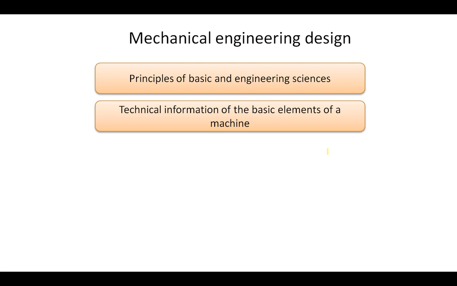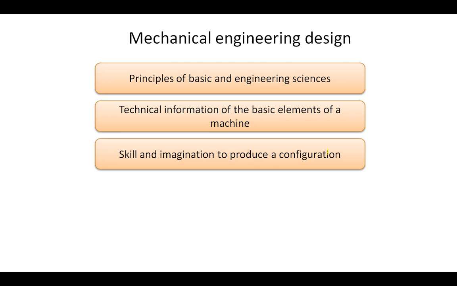So these are the basic elements, and an engineer is required to have that knowledge or technical information regarding that basic elements. So this is the second feature. So while you are designing something, you will require principles used in engineering sciences, then you will require the technical information. Third one is skill and imagination of designer.